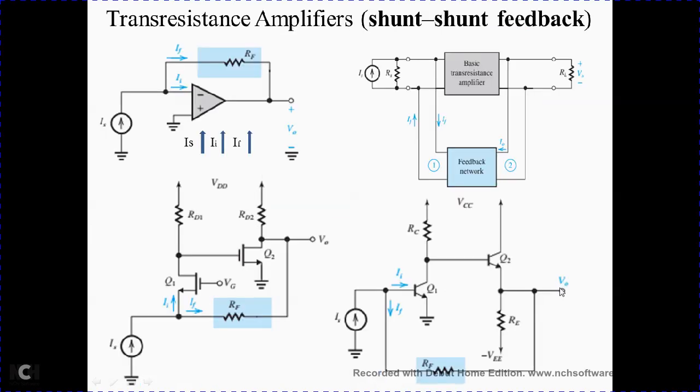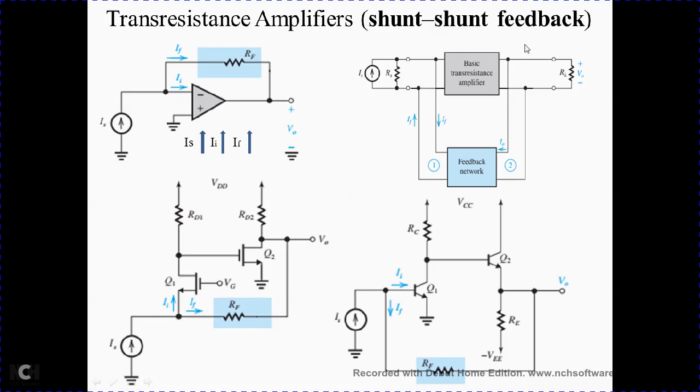Transresistance amplifier. You can see three different examples in this slide. This is the diagram where we have an input current source Is and output voltage V0. It is called shunt feedback because output sampling and input signal mixing are done in parallel.